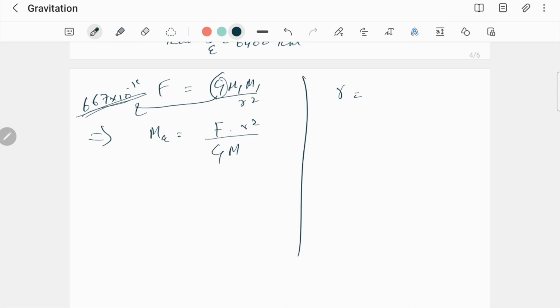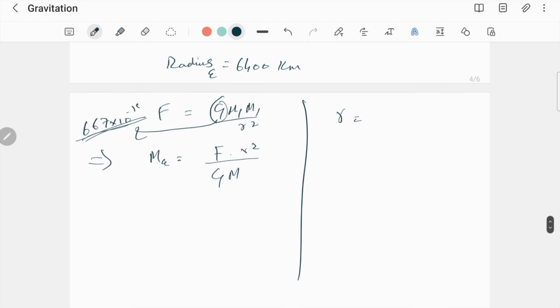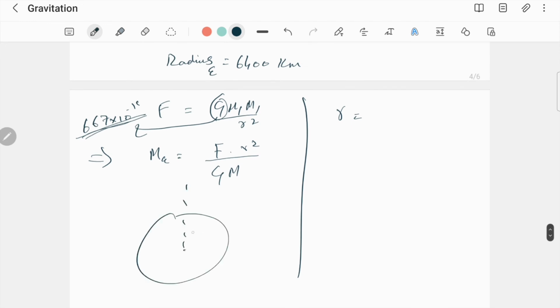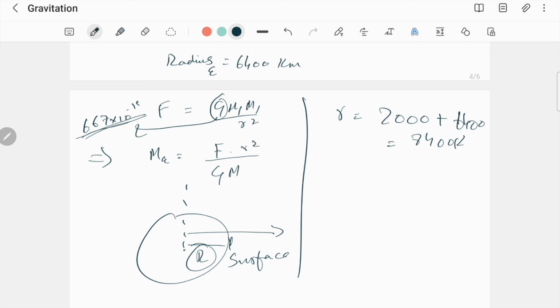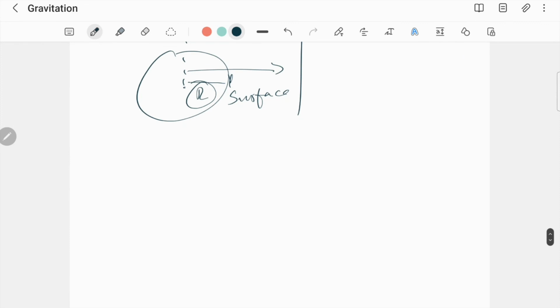So the separation R: remember that they said the separation is from the surface of the Earth. This is the surface, but we have to go to the center, because this is where the separation is measured from. So we have to take into consideration the radius of the Earth as well. So the separation is going to be 200 kilometers plus the 6,400. It would be 6,600 kilometers, represented this way in meters.